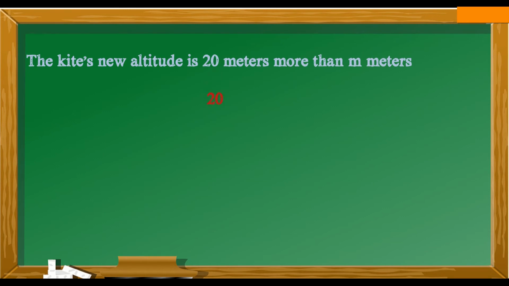So we have 20 and we have the keyword more than. More than means to add, so we will use addition sign. Again, we have the variable M. That means our expression is 20 plus M.